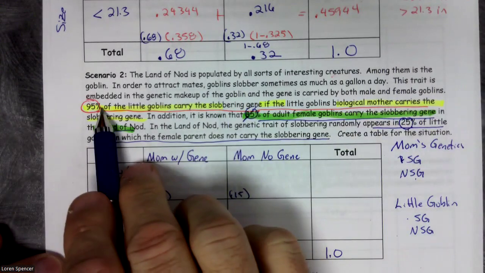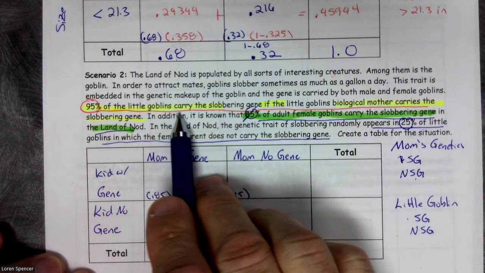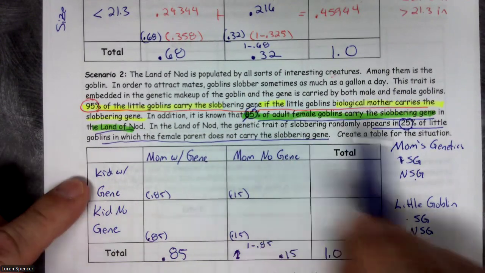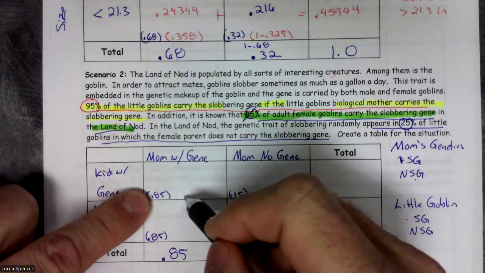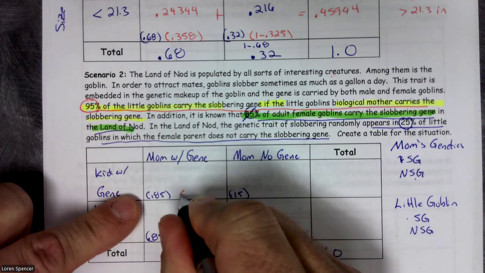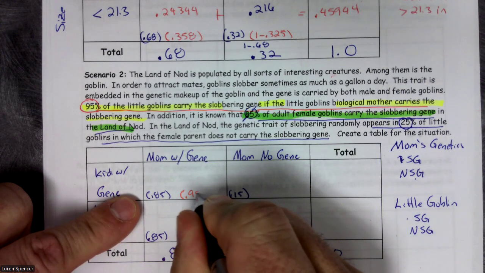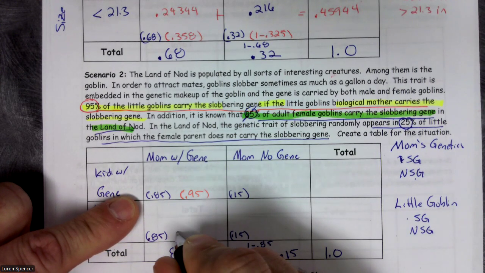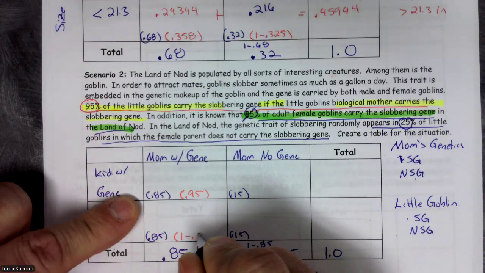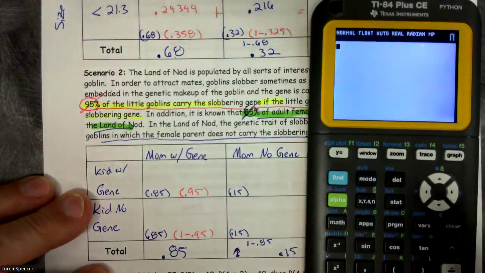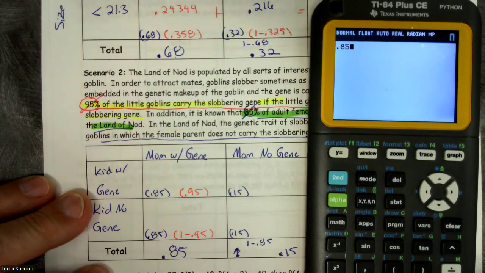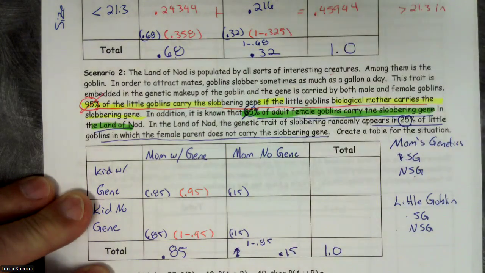We're done with that. It says 95% of the goblins carry the slobbering gene if the biological mother carries the gene. Mom with gene, kid with gene, that's 0.95. Well, if that's 0.95, this is 1 minus 0.95. We're done with that number, so we can go ahead and multiply this out. And we have 0.85 parentheses 0.95. And we have 0.8075.